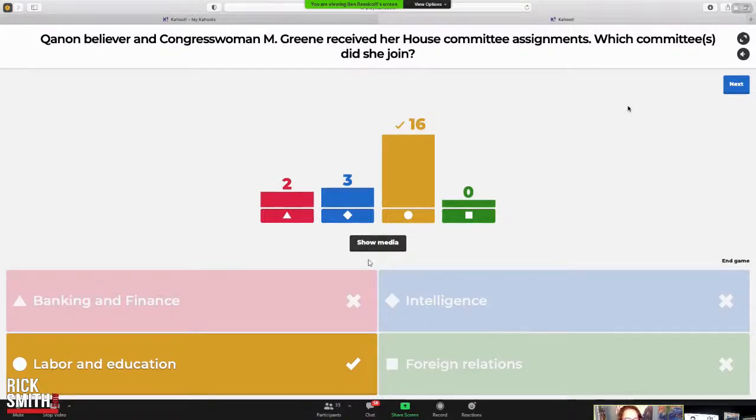You're going to put her on the education committee? Seriously? But for me, this is exactly what I would expect from the Republicans, who hate workers and really, really hate an educated populace. So not surprising on that one, but hey, the vast majority got a hold of that one, and that's good.